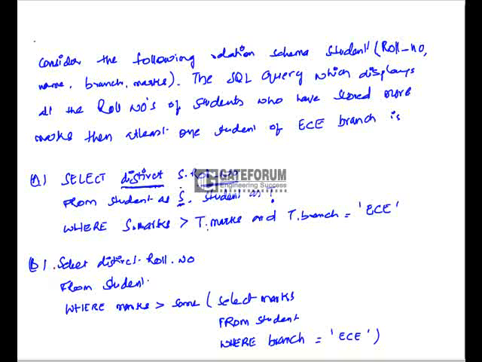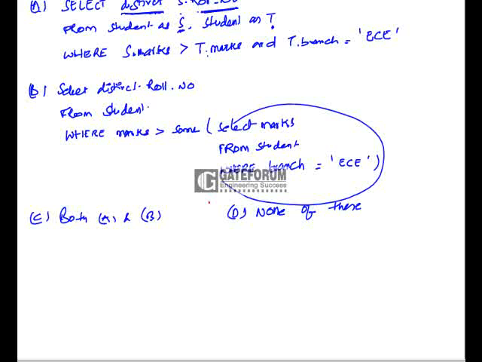So if you see option B, select distinct roll number from student where marks greater than some. Here in this part, one more query is there. Let us try to find out what this subquery retrieves.